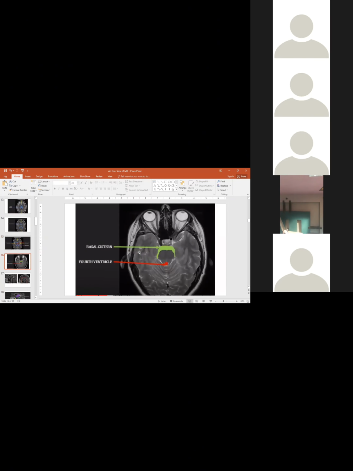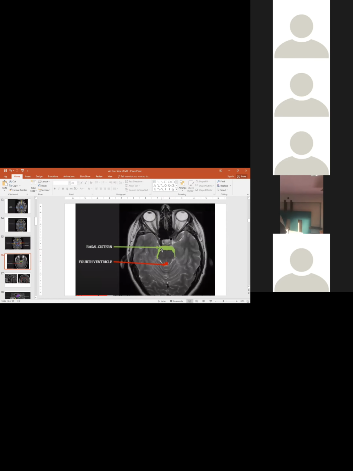Now, coming to the base of the skull and to the inferior part of the adult brain, we can appreciate these are the eyeballs and the structures around the eye. And in the brainstem part, we can appreciate this greenish area, which is actually the basal cistern.